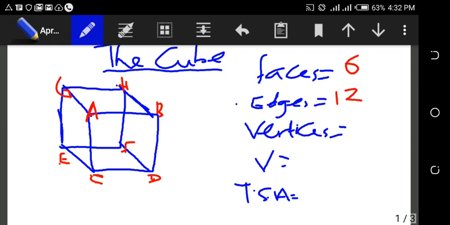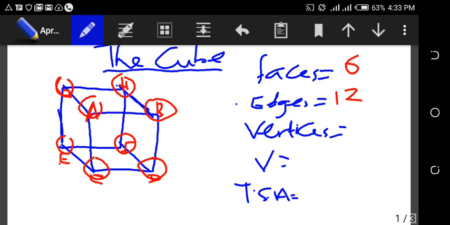So if you want to count the vertices that a cube has, that will be where we have the lettering. So we have this point A, B, C, D, E, F, G, and H. Those points are what we call the vertices.